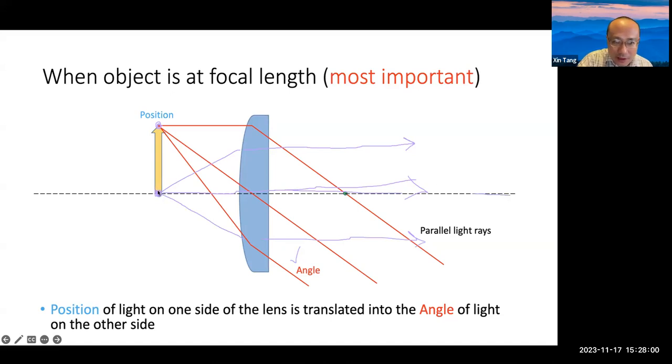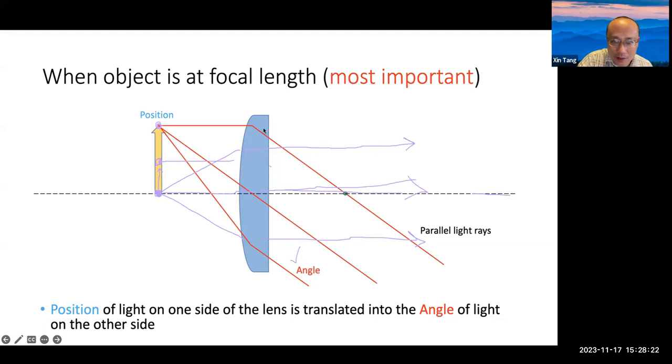But if you move this point to a different position, still one focal length away from the lens, and move it up, then as you move away, the light passing through the lens will start to tilt away from this purple light.